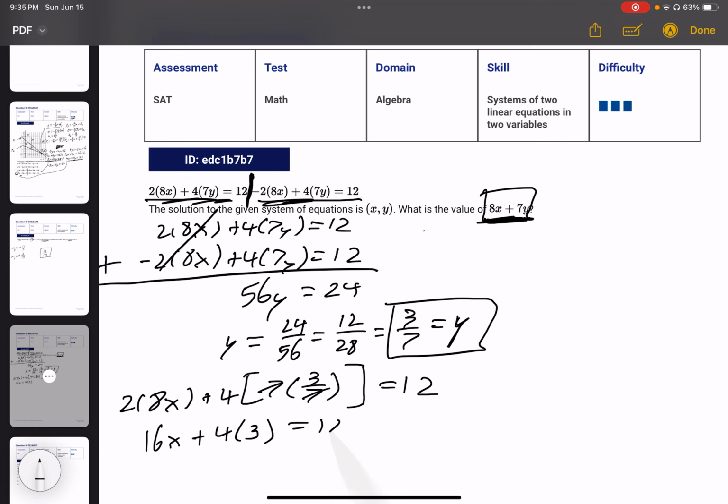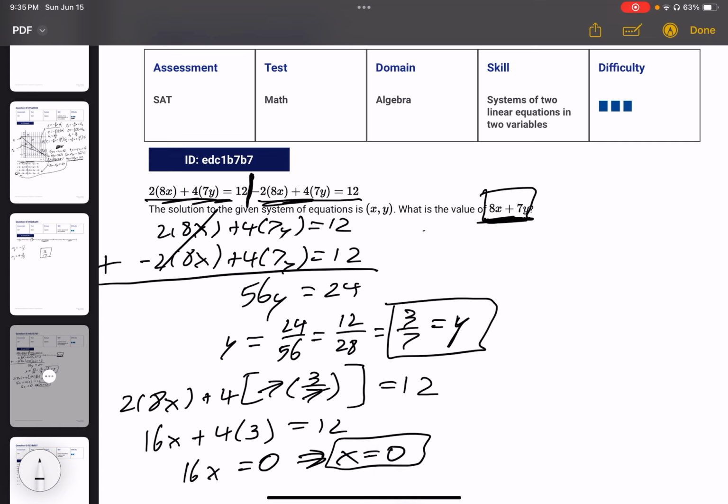And then it's equal to 12. And then we have 16x is equal to 0. So that means x is just equal to 0.